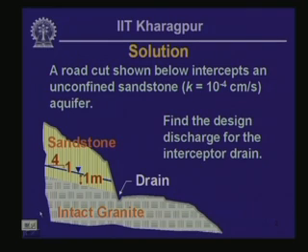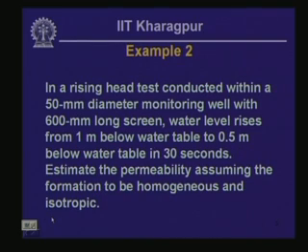Now, in order to illustrate the procedures of estimating permeability from field testing, I have got another example, and we are going to work through it before we get on with today's lesson.